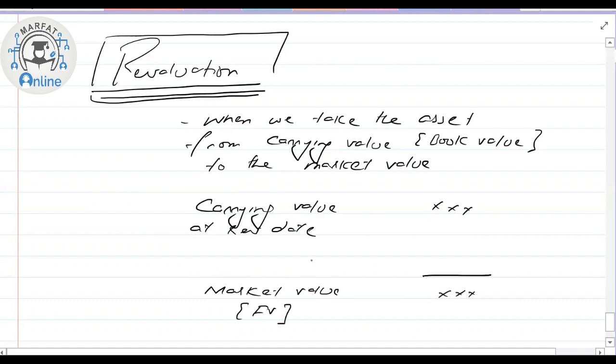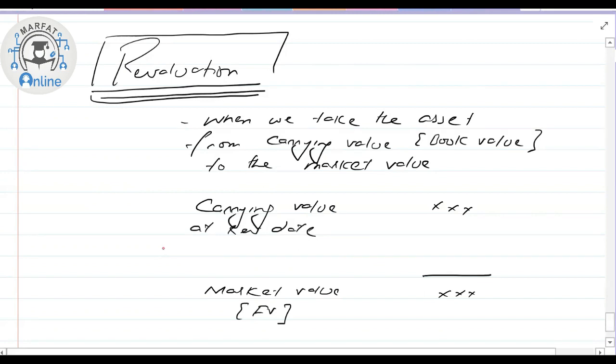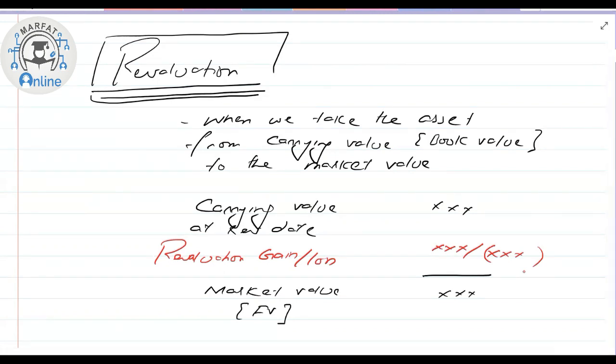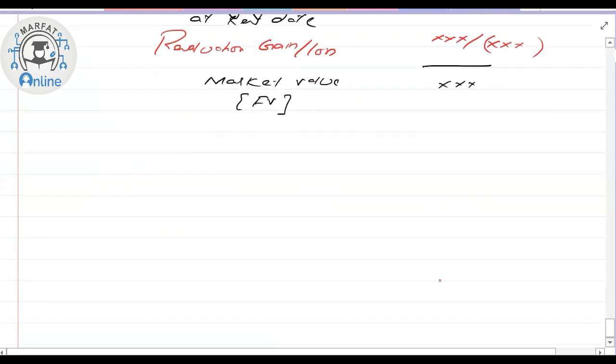The difference between the carrying value and the fair value is revaluation gain or loss. So in the revaluation, we take the carrying value to the market value. Any change is known as revaluation gain or loss.